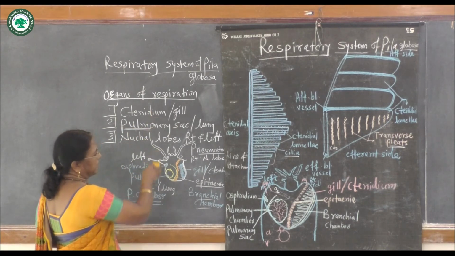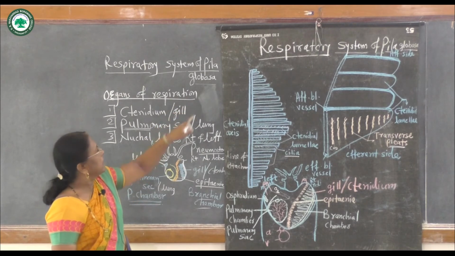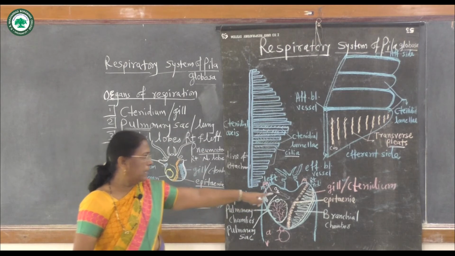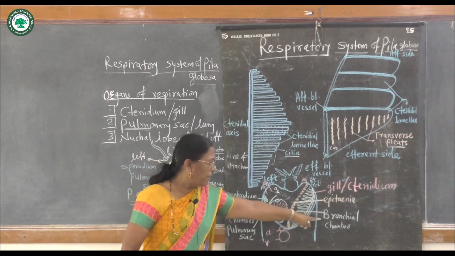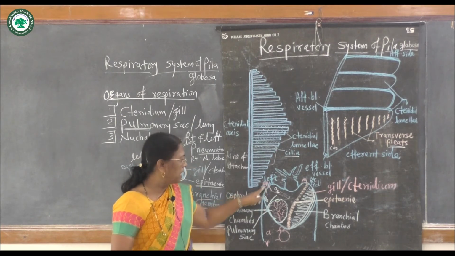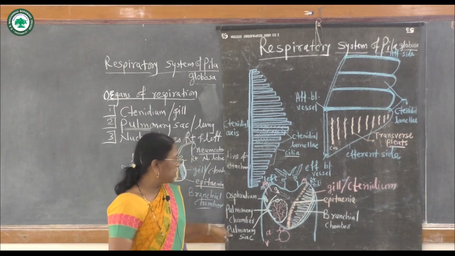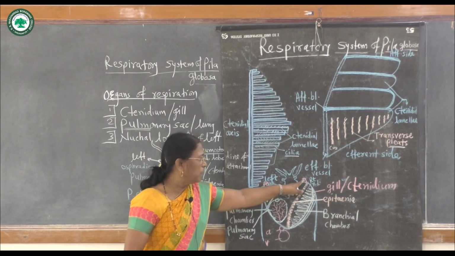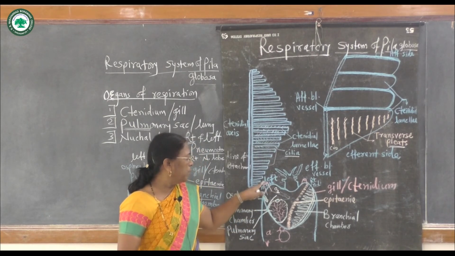These are the respiratory organs: the ctenidium or gill on the right side in the branchial chamber, the pulmonary sac or lung towards the left side in the pulmonary chamber, and 2 nuchal lobes. The right nuchal lobe is small and the left nuchal lobe is large.